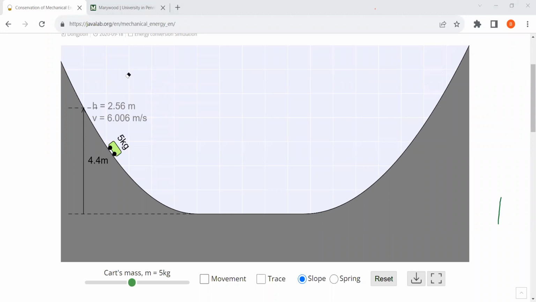Now at this point, the height is equal to 2.56, and at this height it has some velocity. So initially when the car was here, it had only potential energy, and kinetic energy was 0. At this point it has both kinetic energy plus some potential energy, but this potential energy is less than the initial potential energy.